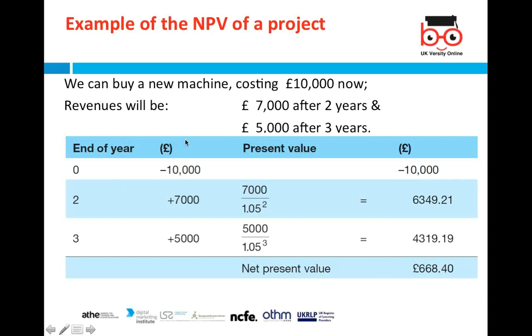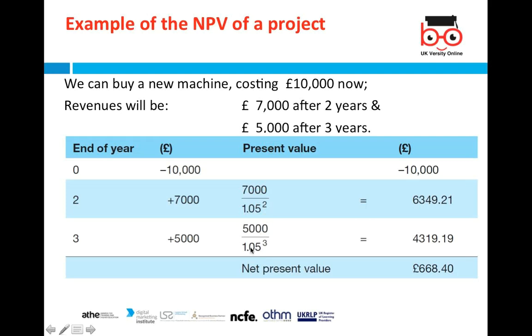So normally in report writing we show what will be the present value, the net present value, and what will be the figure of the projected investment. So we can buy a new machine, for example, for £10,000 and the revenues will be 7,000 after 2 years and 5,000 after 3 years. So what will be the net present value of the 7,000 and 5,000?